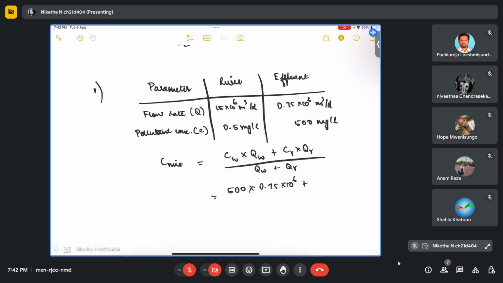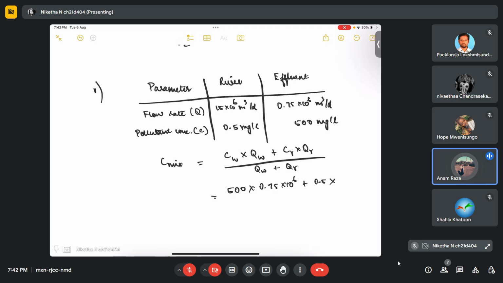Okay. What is CR and QR? CR is the concentration of river and QR is the flow rate of river. Yeah. Can you tell me those values? This one CR is 0.5 mg per liter. Okay.